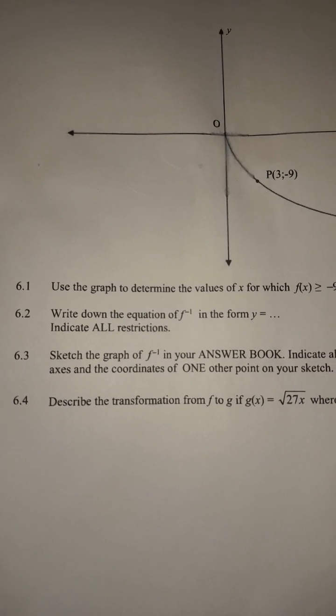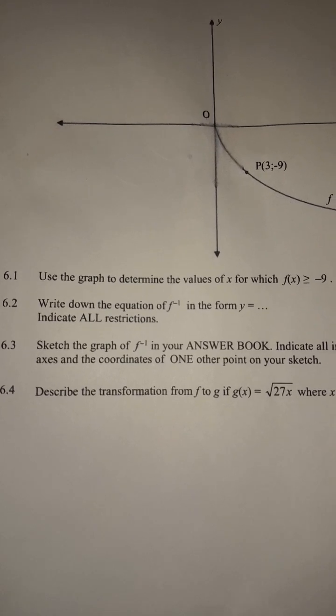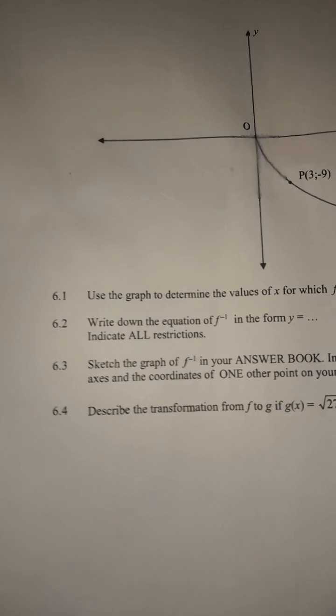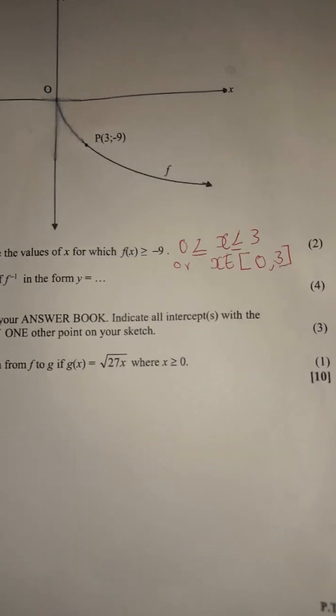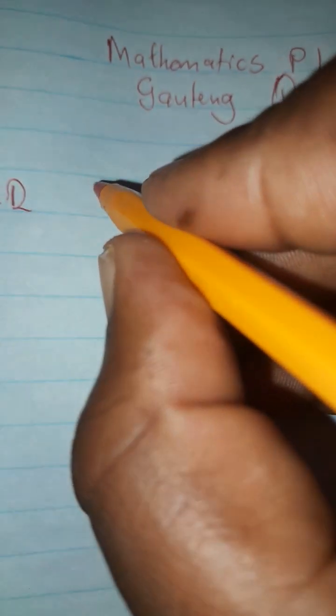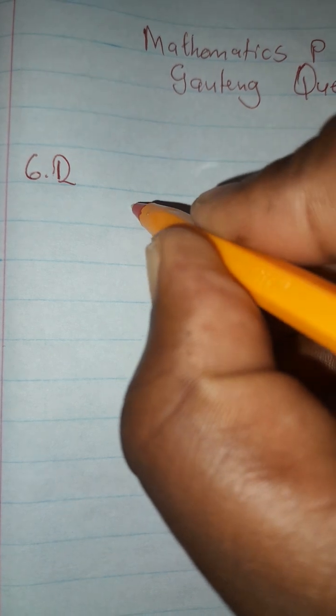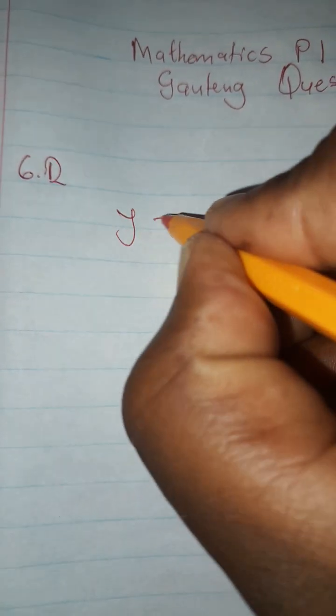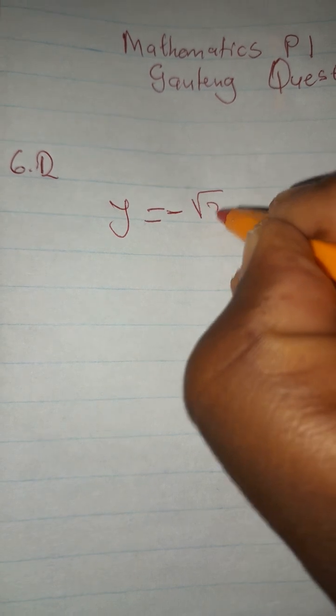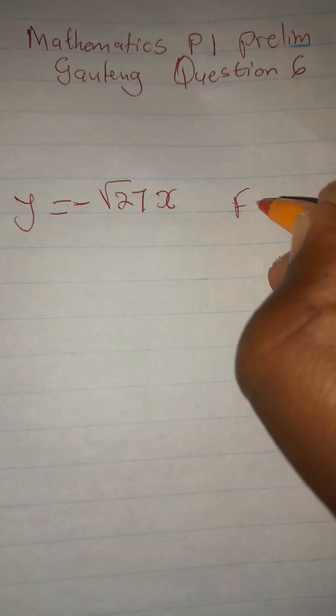Then at 6.2, write down the inverse of f in the form y = ..., indicate all the restrictions. That's 4 marks. So at 6.2, remember that we're given our graph as y = -√(27x), for x > 0.